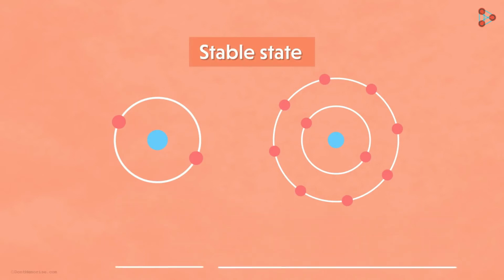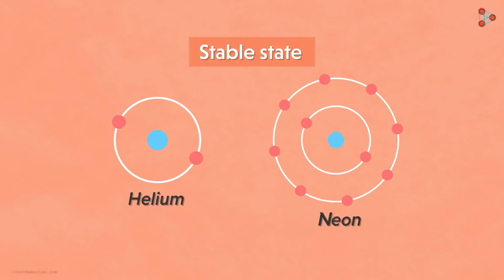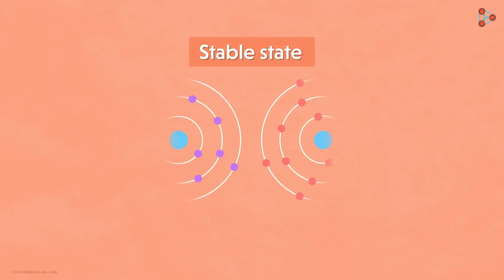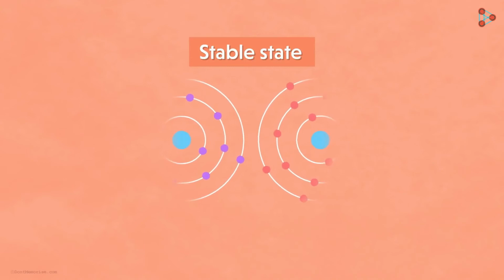Atoms of certain elements like helium, neon, argon, etc. are already stable. These elements are called noble gases or inert gases, as they do not react with other elements and are already stable, having 2 or 8 electrons in their valence shell. Now, the valence shell is the outermost shell of any atom.